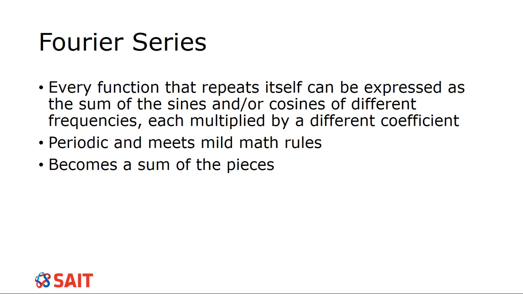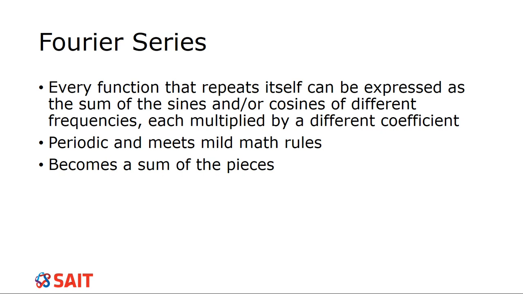So the Fourier series becomes a sum. We have all these addition signs, sines and cosines, and coefficients, and we add them all together. A relatively simple idea, and as you go further away from the first coefficient, it becomes a smaller and smaller component.